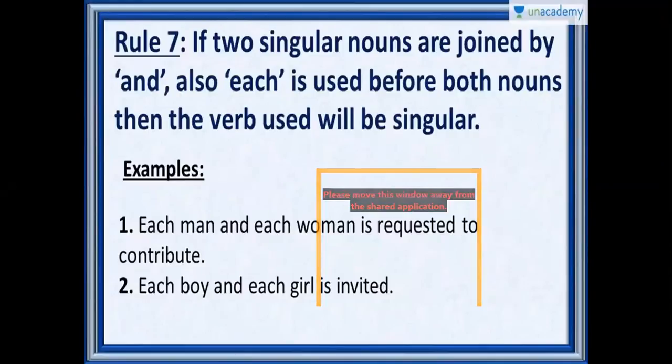Before both the nouns, comma, the verb will be singular. If you write 'then', comma is not needed. If you don't write 'then', comma is needed. The verb will be singular.